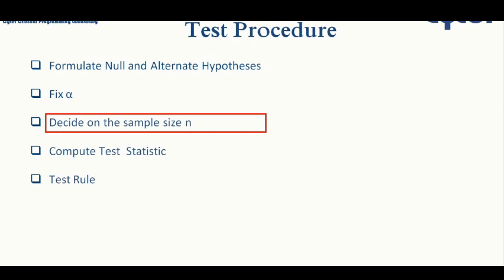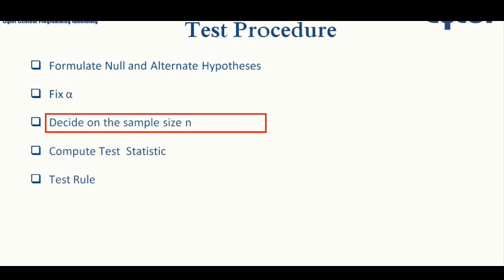The power of the test is a function of sample size n for a fixed value of alpha. We have seen that alpha and beta are conflicting in nature, so obviously alpha and power are also conflicting in nature.